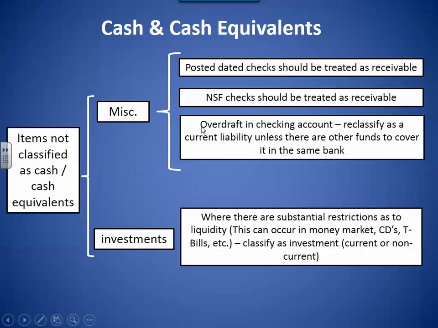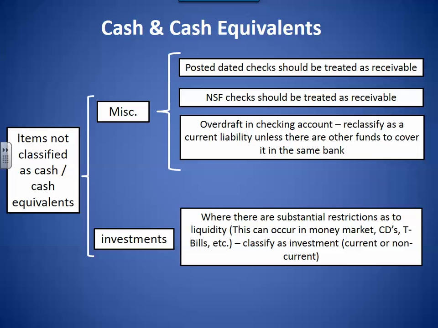Another thing that is considered sometimes in cash and cash equivalents is when we create an overdraft in our checking account. Many banks allow companies to basically overdraw their checking account, so their checking account ends up with a negative balance.